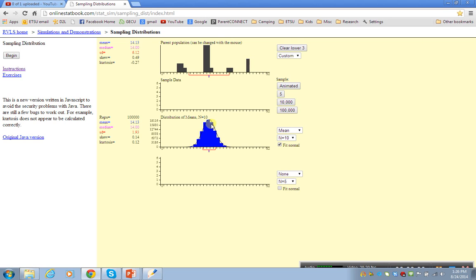Oh, we're starting to get what looks more like a normal distribution. 16, do it 100,000 times. Starting to get more like a normal distribution. 25, 100,000 times. So notice each time I increase my sample size, it looks more like a normal distribution.